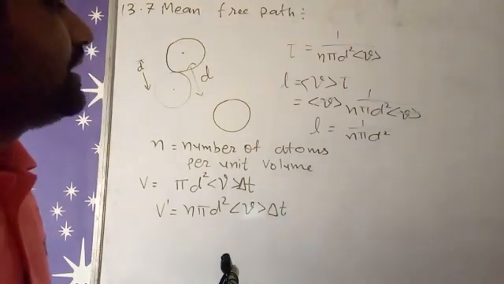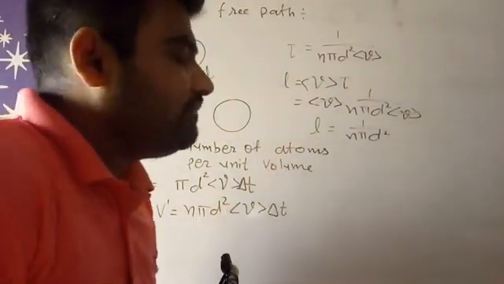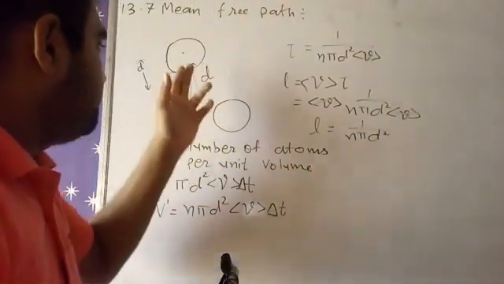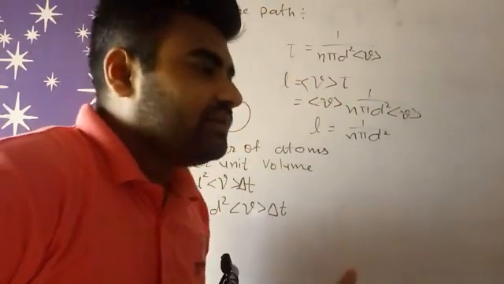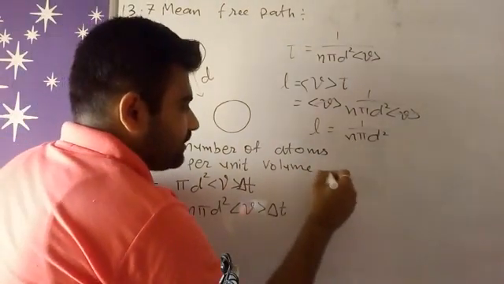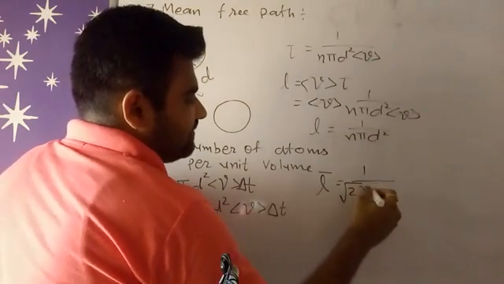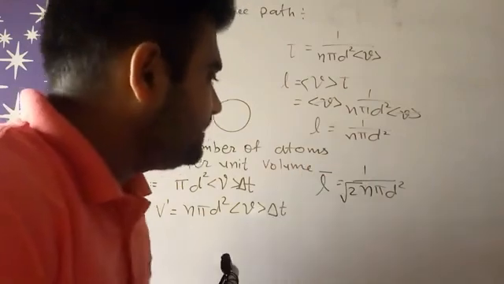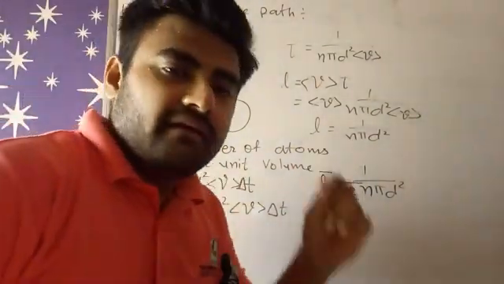But see, this length we found only for one atom, and when we are focusing on one atom, we are assuming all the other atoms are at rest. So to find that particular length, I have to write L bar is equal to, now one term will be added to this equation, and that will be root 2, because earlier we assumed that other atoms are at rest, but other atoms are never at rest.